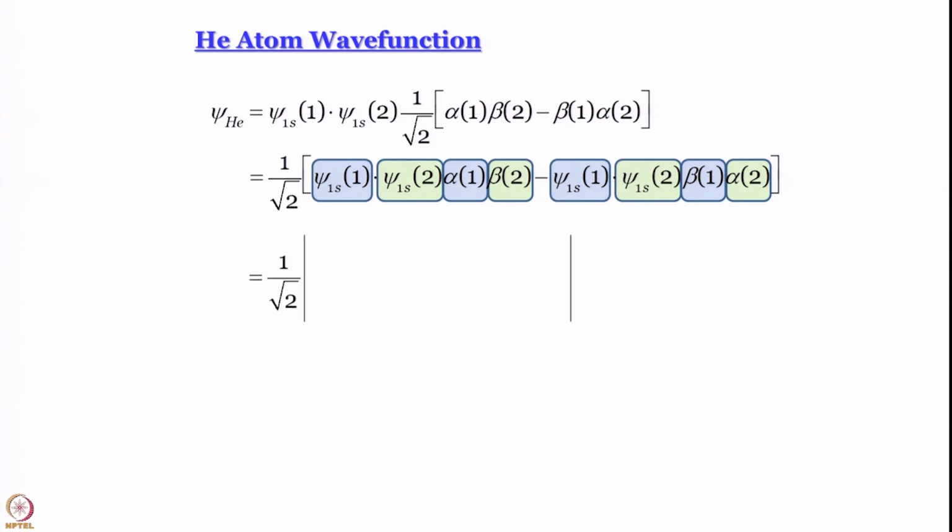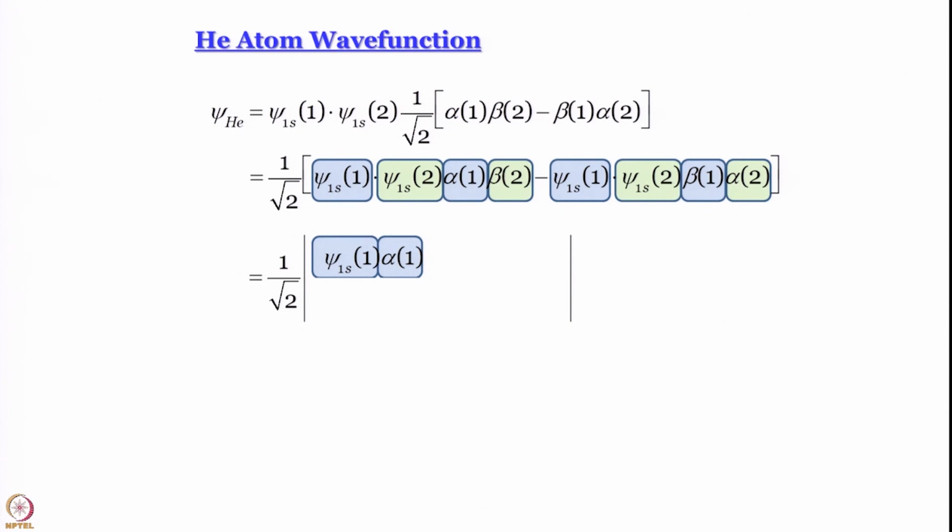Now, we are already familiar with matrices because we talked about them while discussing angular momentum. Now see, not matrices, determinants. When you look at this, do you see that it is very simple to collect the terms in the same electron, and write this whole thing in the form of a determinant? Let me do it for you. First of all, in this 1 1 location, we are going to write psi 1s1 alpha 1.